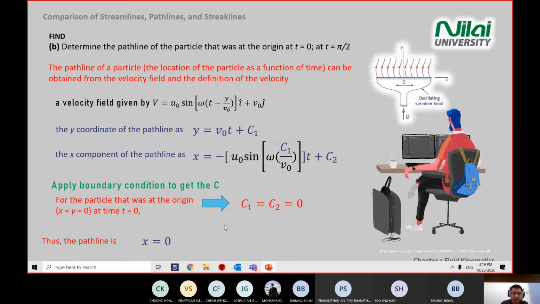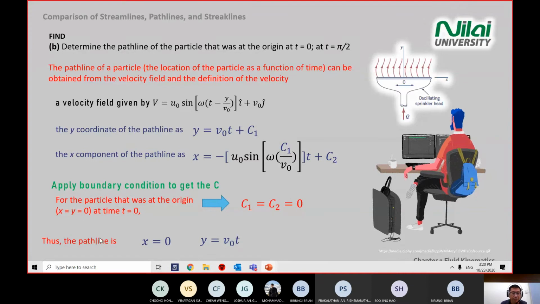You just rewrite to this one. How do we know that x equal to 0? Because this whole thing equals 0. Sine 0 equals 0, cos 0 equals 1. Okay, now this one, y equal to v0 t.